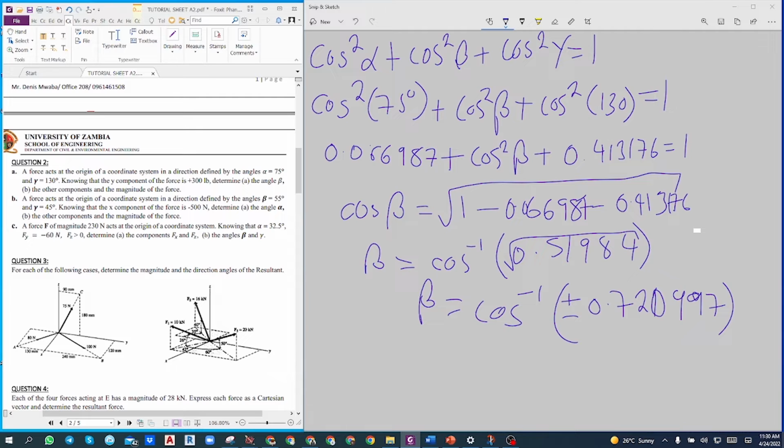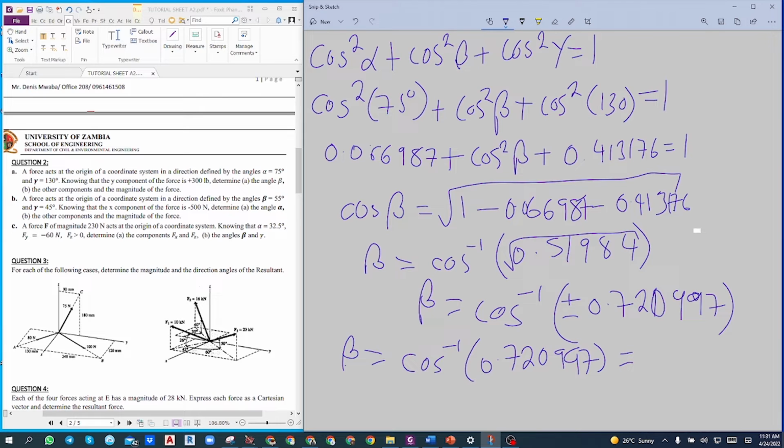So then we see that therefore our beta will nicely be equal to cos inverse of 0.720997, which is equal to... It's really not a necessary step to find beta, but since we've been asked.